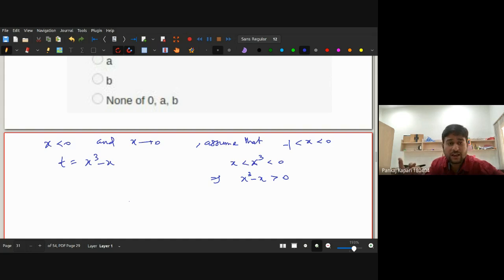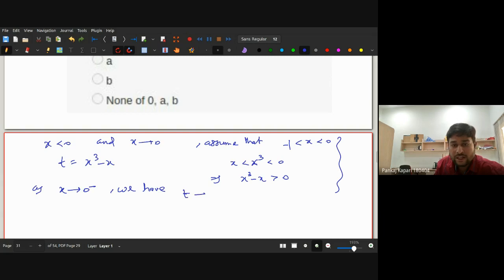Initially in the previous problem, when x was positive, t was negative. Here x is negative, so t must be positive. It's the same thing. You can follow similar arguments, and you can see that as x approaches 0 from the left hand side, we have that t approaches 0 from the right hand side.